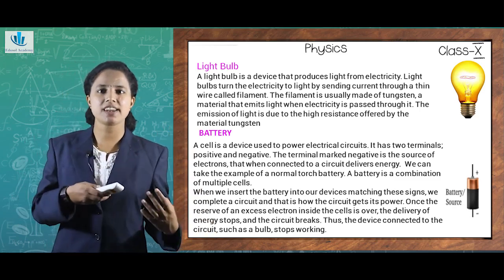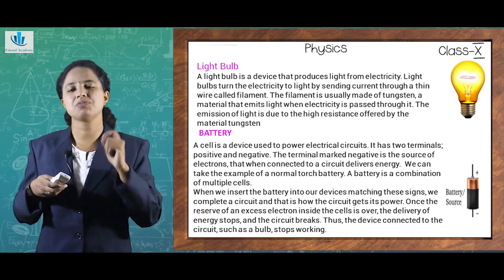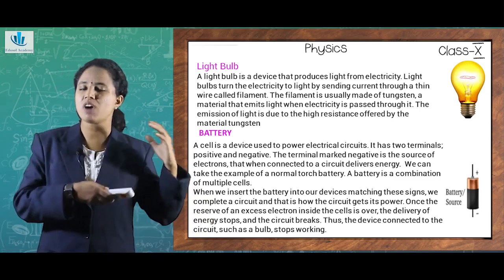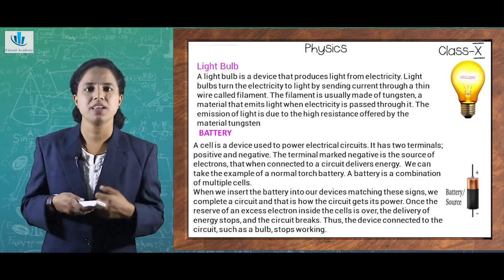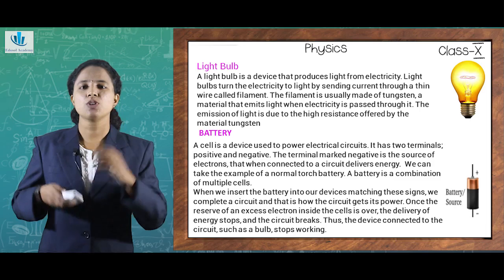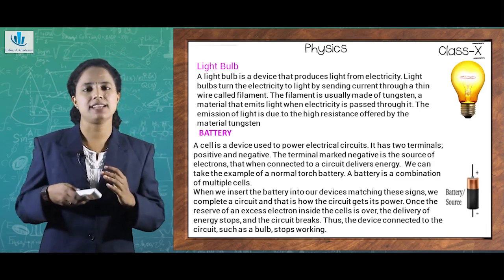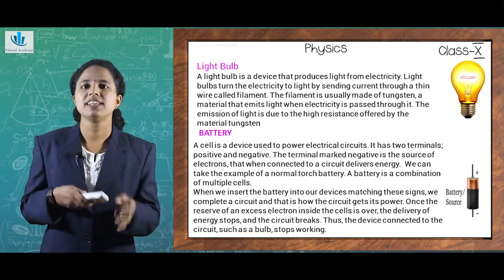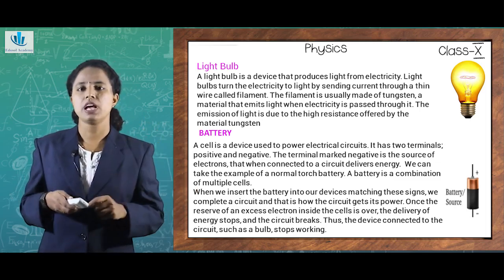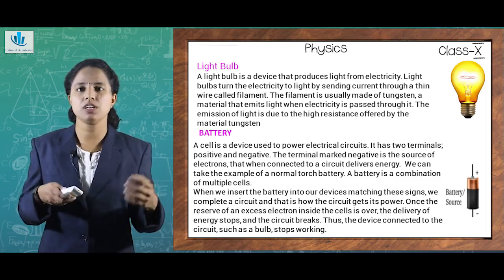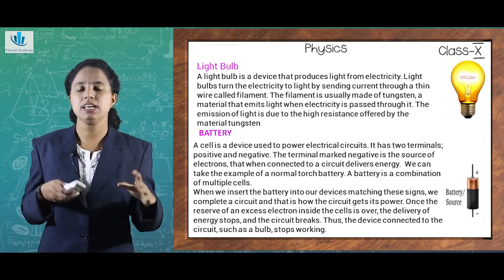How? It sends the current through a thin wire called a filament, isn't it? So what do you mean by filament, and with what material are filaments usually made? Filaments are usually made of a material called tungsten. The main property of tungsten is that it emits light when electricity is passed through it.